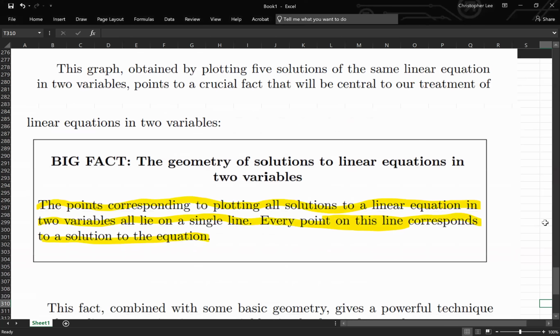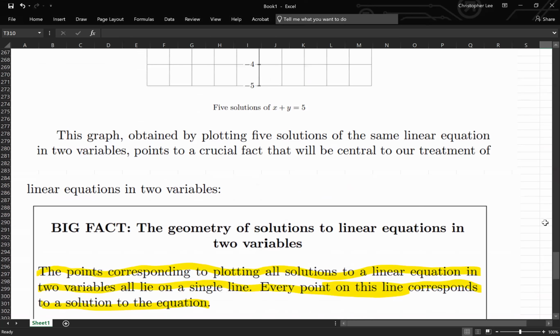The geometry of solutions to linear equations in 2 variables: the points corresponding to plotting all solutions to a linear equation in 2 variables all lie on a single line. Every point on the line corresponds to a solution to the equation. So that's key. When I graph that line, every single point on that line is a solution.